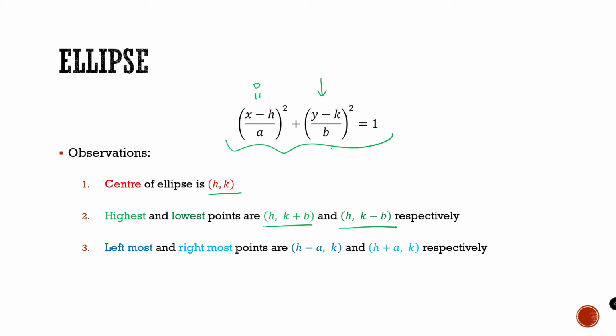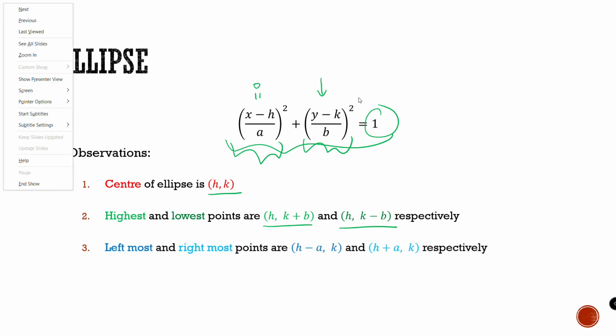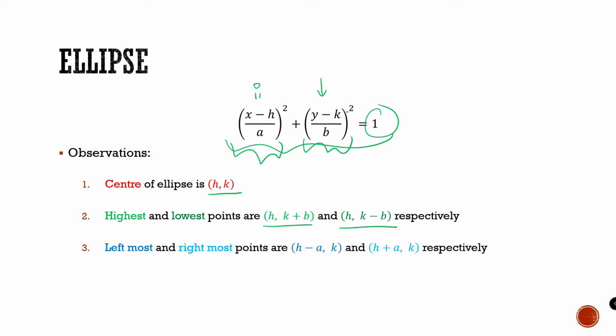Because right now the two terms share values, since the summation should be equal to 1, right? So if I want to maximize this y value, I want to make x term 0. That happens when I let x equal h. Then if I solve for y, it will be k plus b and k minus b.